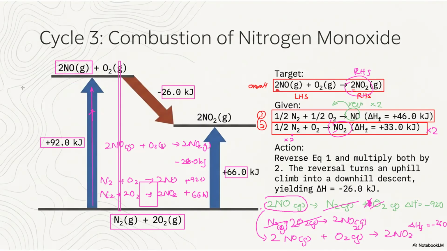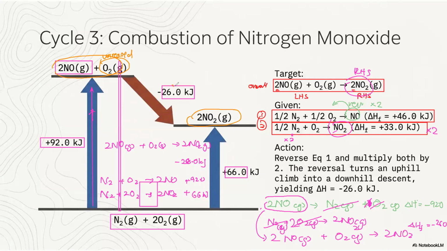Now throughout the reaction, N2 plus 2O2 give 2NO. Did you use up all the O2? No, you didn't. So how many O2 did you actually react? Only one. So this will become the unreacted O2. The unreacted O2 will react with the 2NO to form 2NO2.